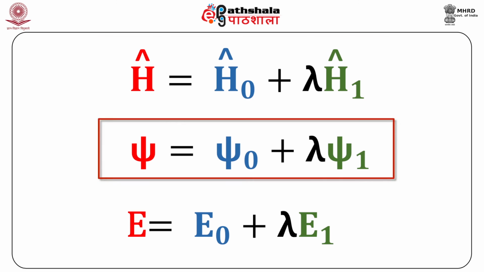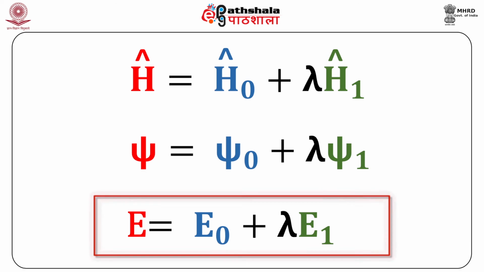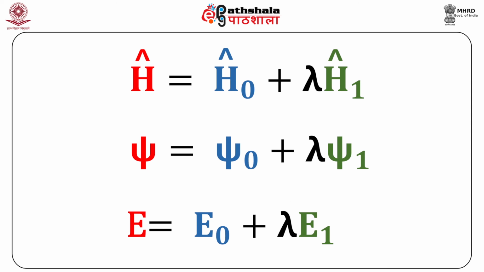Similarly, psi will be equal to psi 0 plus lambda psi 1, and E would be E0 plus lambda E1. You can see here that in these equations we have ignored the second order terms, that means those terms where lambda square was there, that is not being considered. Therefore, only the first order correction to the perturbation theory is taken.